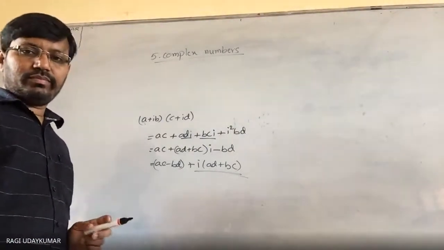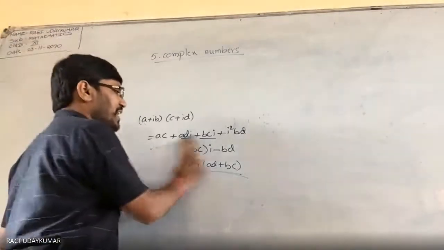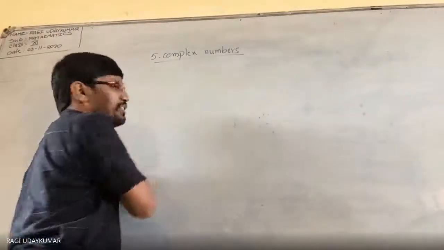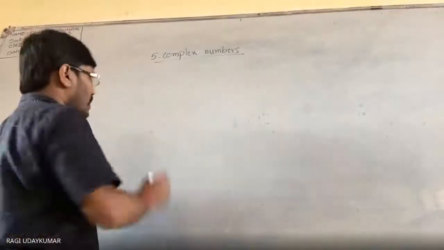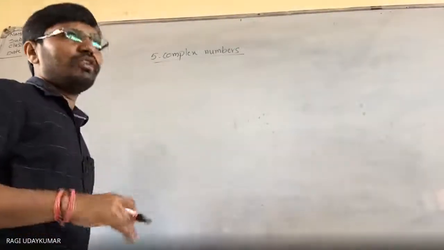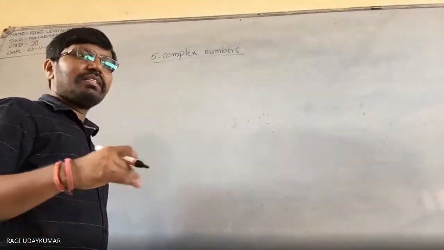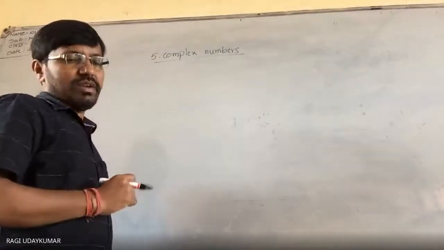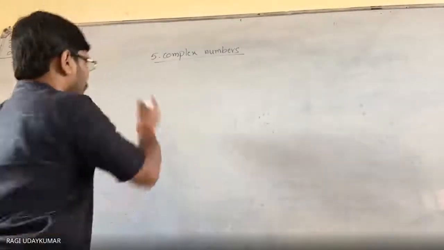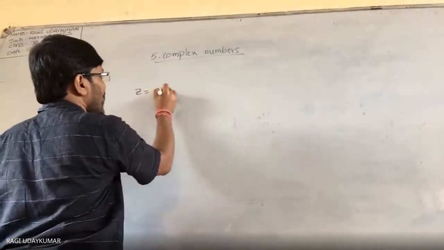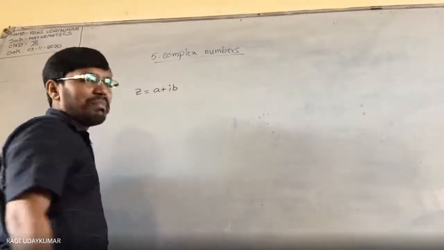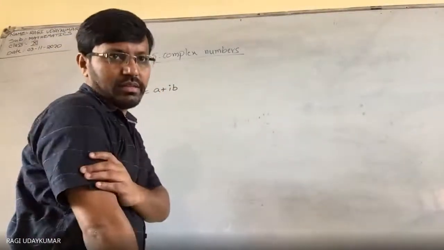Okay. Now division of one complex number with another complex number. Suppose you want to divide one complex number, otherwise the multiplicative inverse. First, what is the multiplicative inverse? Z is equal to a plus ib. The multiplicative inverse of z is 1 by z.